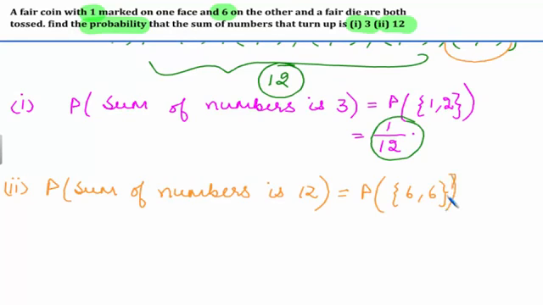This is the sample point, and this exists only one time. So the number of favorable outcomes is 1 divided by the total number of possible outcomes, which is 12. Hence the required probability in this case is also 1 upon 12. So this completes the solution.